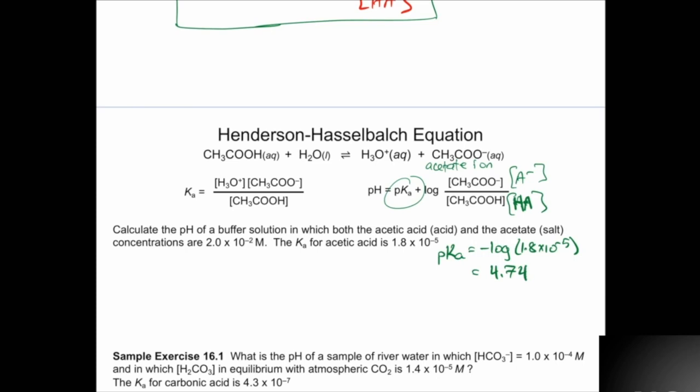Okay, so that's the pKa. So we want to calculate the pH, which is equal to the pKa, which is 4.74, plus the log of the acetate ion concentration, which is 2 times 10 to the minus second, divided by the acid concentration, which is 2 times 10 to the minus second.